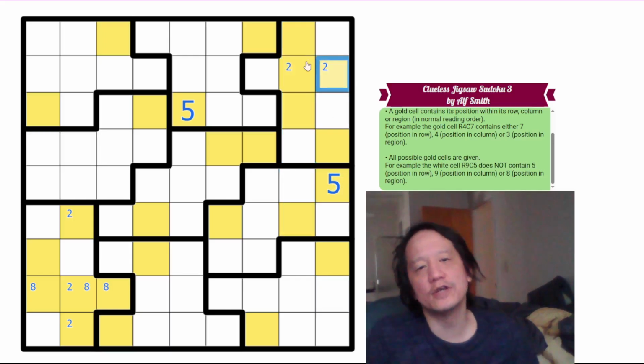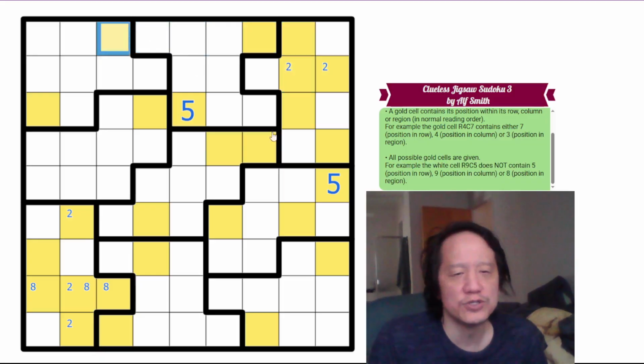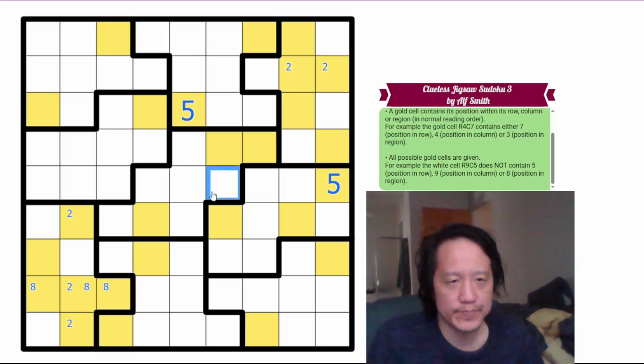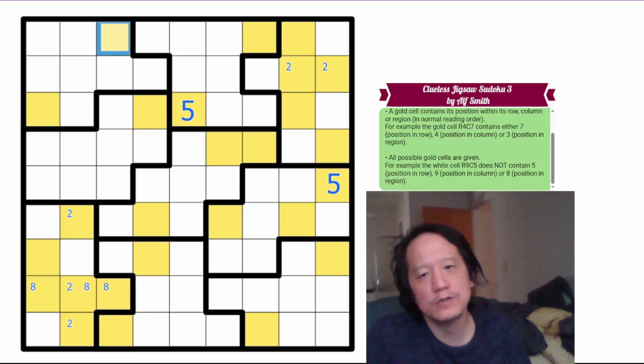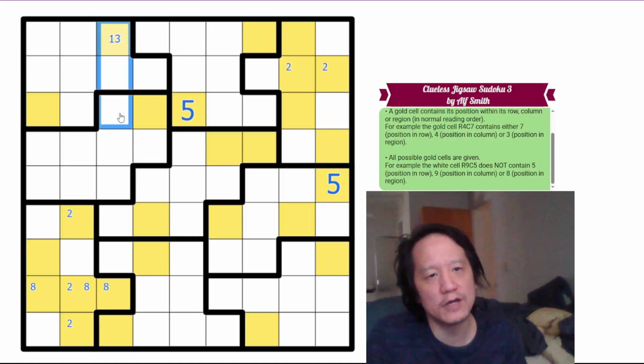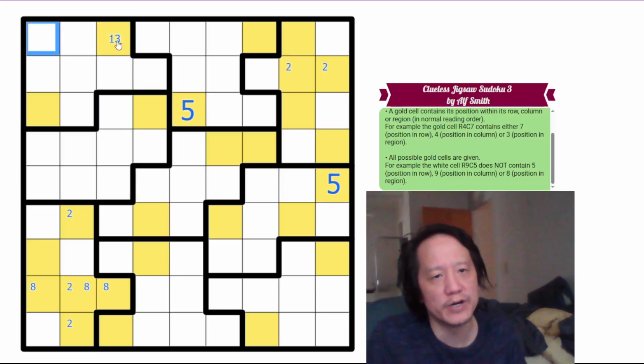So let's start filling in what the possible digits for the gold cells can be. This is either third, so it's position 3 in the row, position 1 in the column, and position 3 in the box. So this is 1 or 3. This is 7, 1, or 4. 1, 2, 3, 4 in its region.